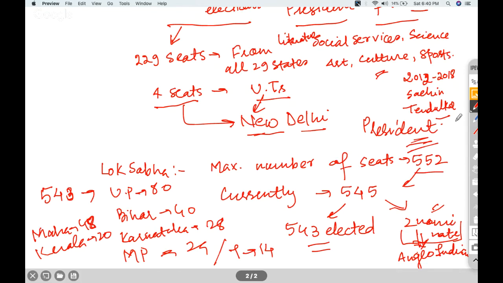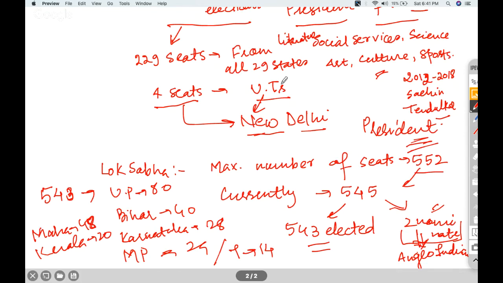Out of 543, anyone who wants to make a government, as I have already told you, has to have, so total 28 seats are there in Karnataka.